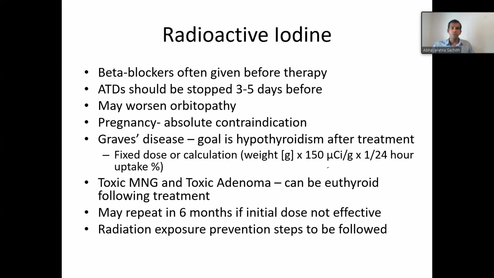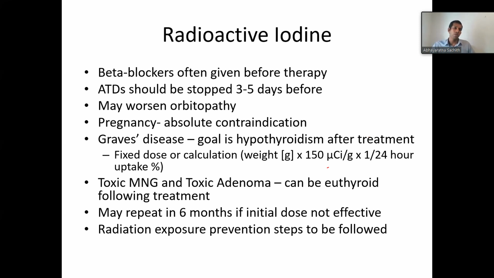Before radioactive iodine, you might have to give beta blockers to control the cardiovascular symptoms, and then anti-thyroid drugs to control the thyrotoxic phase. Otherwise, with radioactive iodine, there could be a thyroiditis, which causes a sudden elevation of the thyroid function, which would lead to other problems.